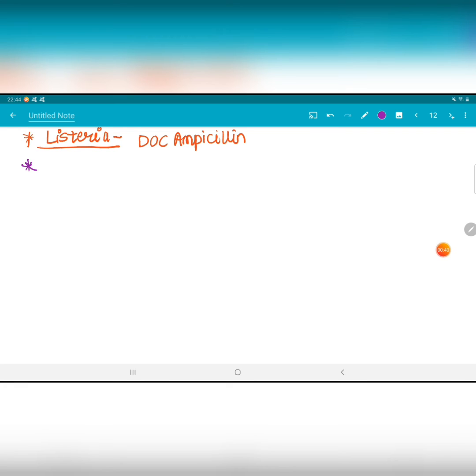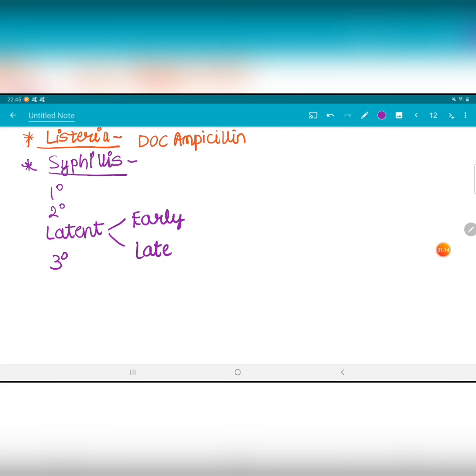Second one is syphilis, and syphilis has many types. It can be primary, secondary, latent, and tertiary syphilis. How can we give penicillin in these cases? Latent syphilis has two types, early and late.